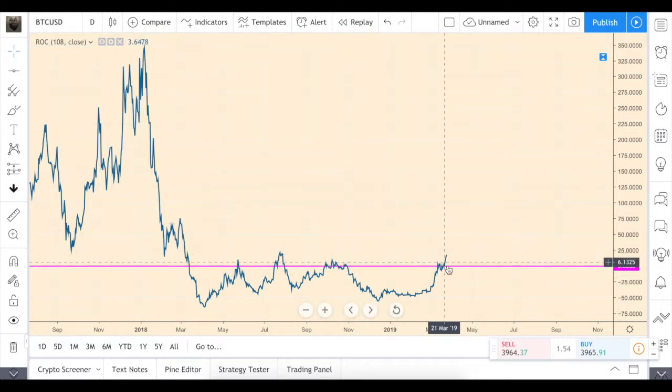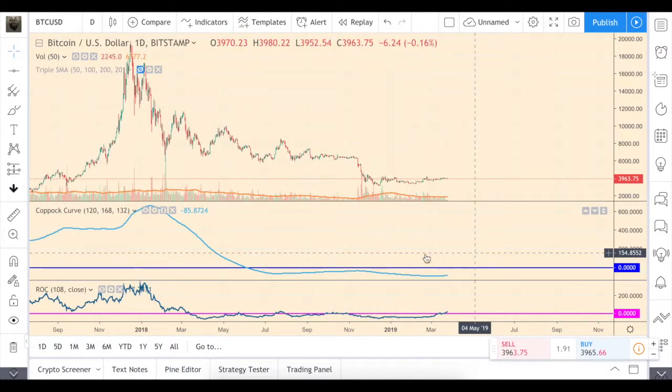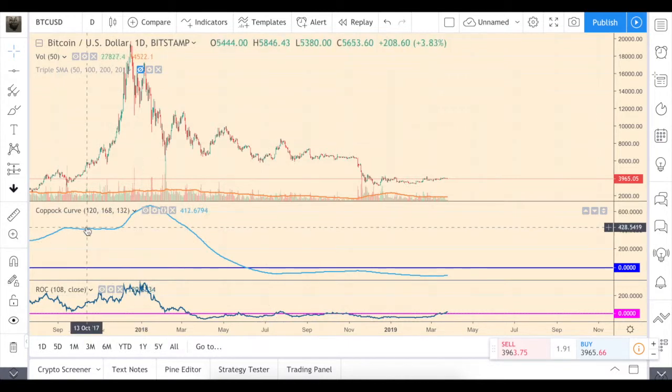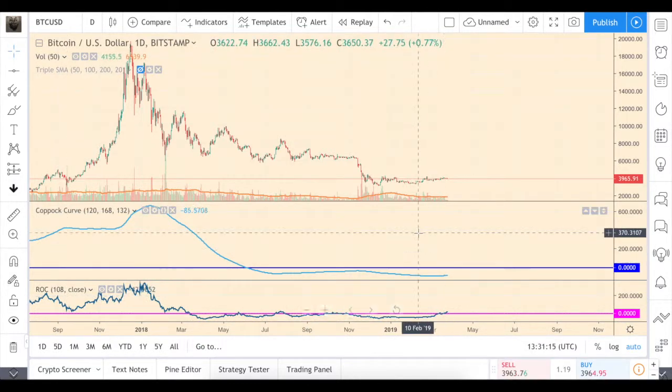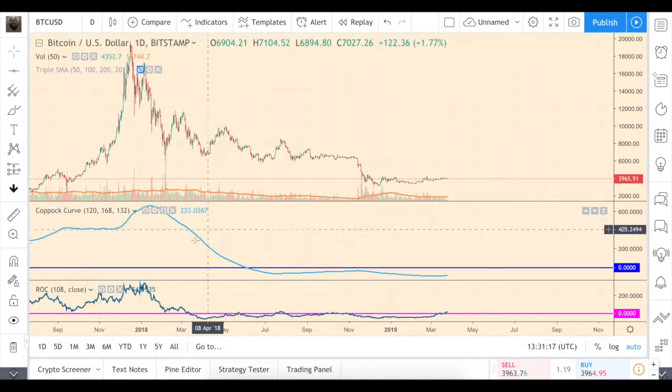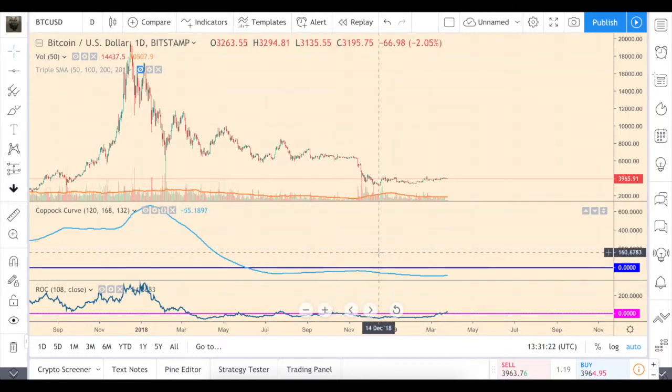But there's a very high chance that this indication is not false, and we will have a chance to go higher. This is exactly what we see by the Coppock curve, because it is basically the smooth version of ROC.